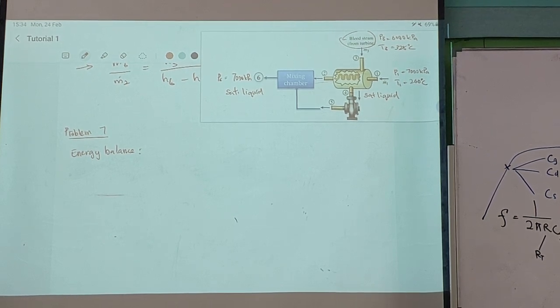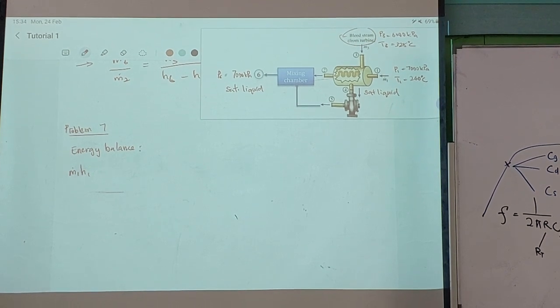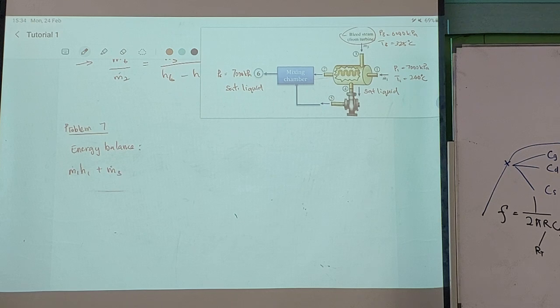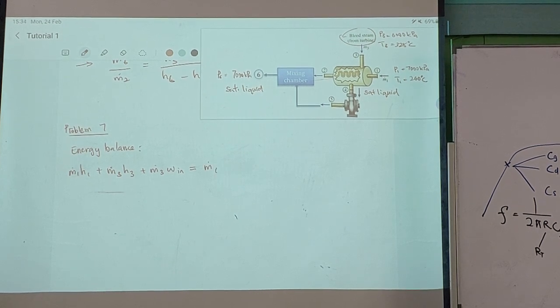We will have m dot 1 h1 plus m dot 3 h3, and don't forget one thing, you have a pump here, so we need to add the power of the pump also. Then this will result in m dot 6 h6.